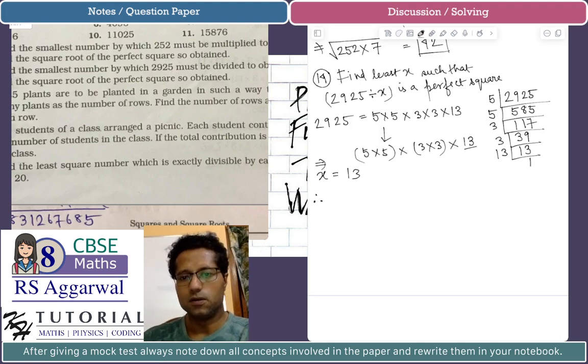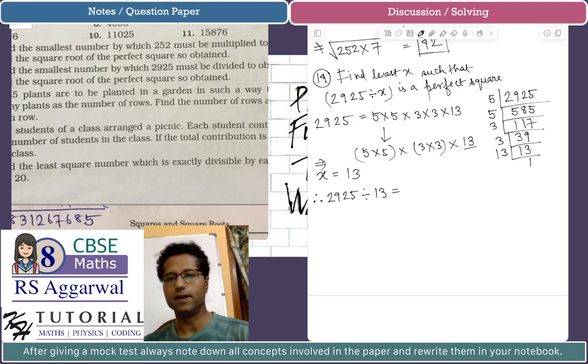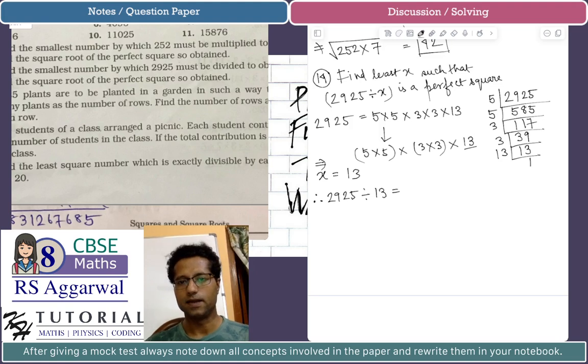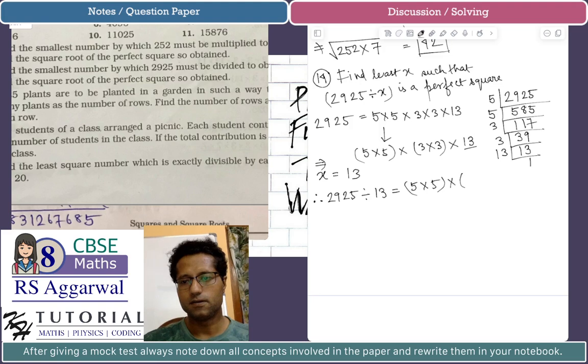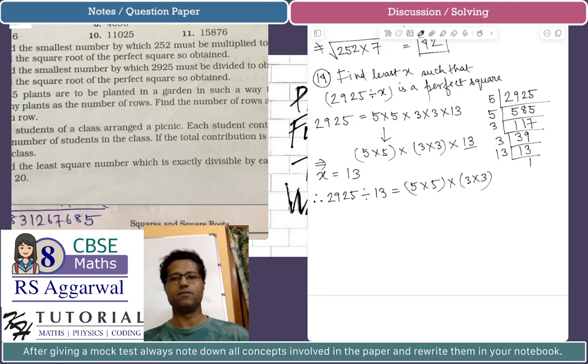Therefore, 2925 divided by 13, what is the new number? 13 is the least number by which the given number should be divided to make it a perfect square. Now, if I divide 2925 by 13, we get 5 multiplied by 5 multiplied by 3 multiplied by 3, because in the prime factorization of 2925 the prime factor 13 was left alone.